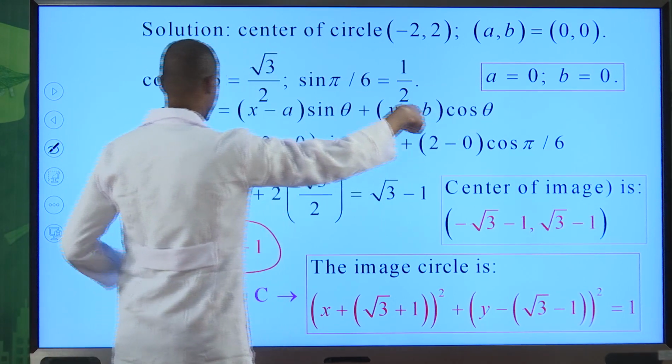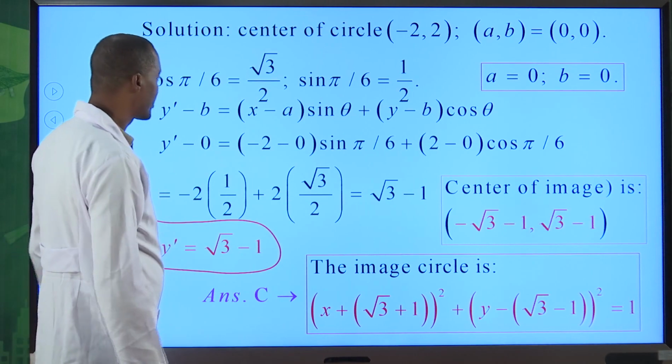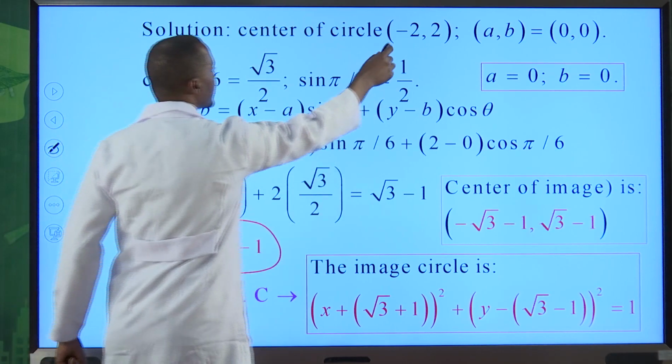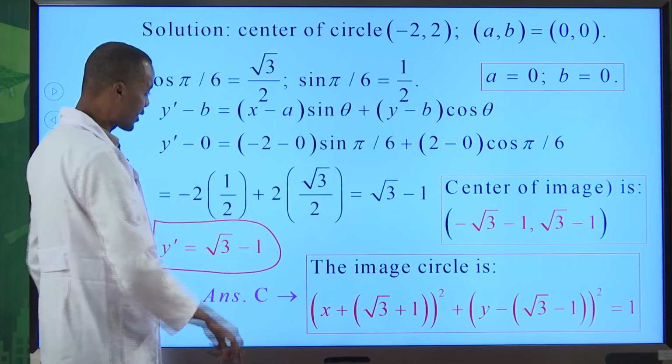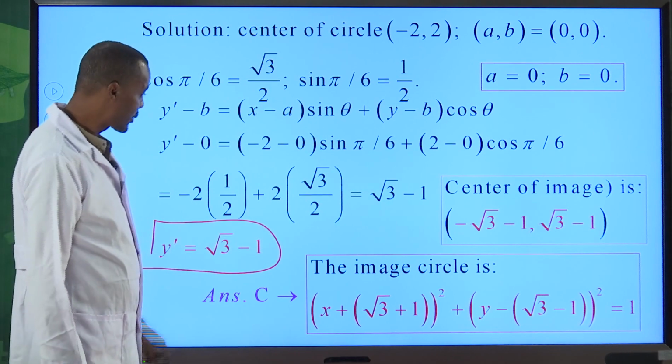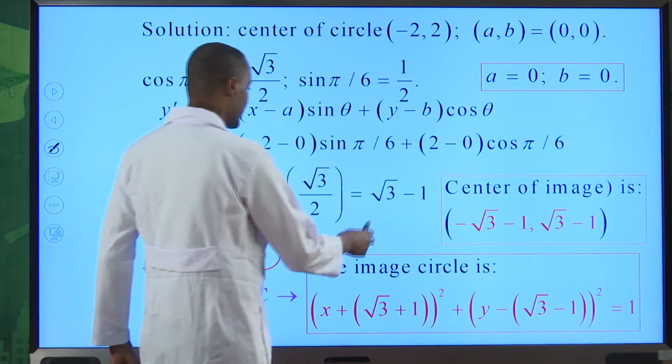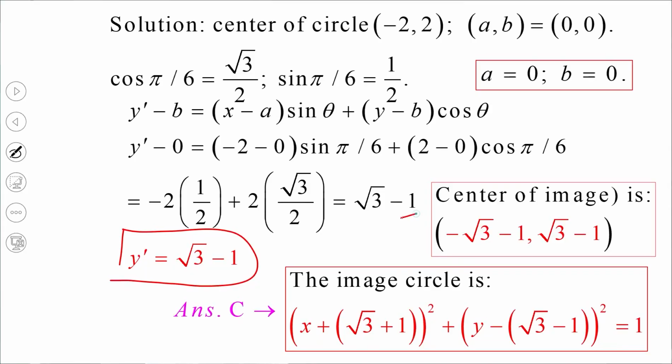A and b are simply zeros, and the center is (-2, 2). These are simply direct substitutions of the numerical values. So the center of the image is (-root 3 - 1, root 3 - 1). So the image of the circle will be this one, and therefore the answer has to be C.